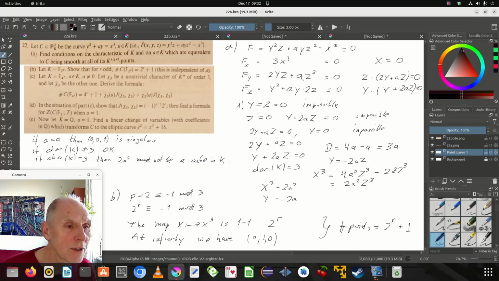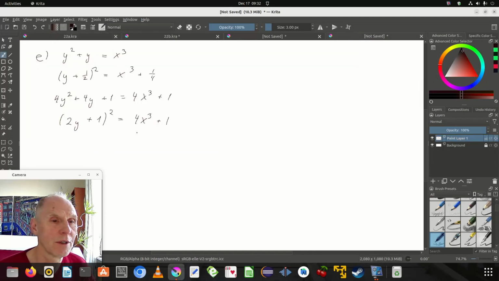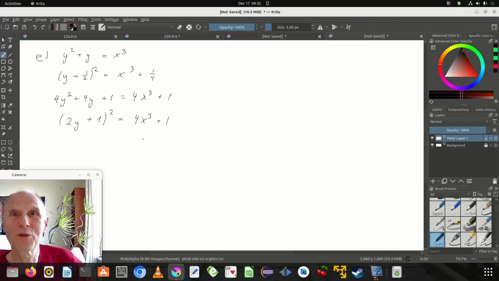A change with coefficients in Q. I thought this one would be trivial.